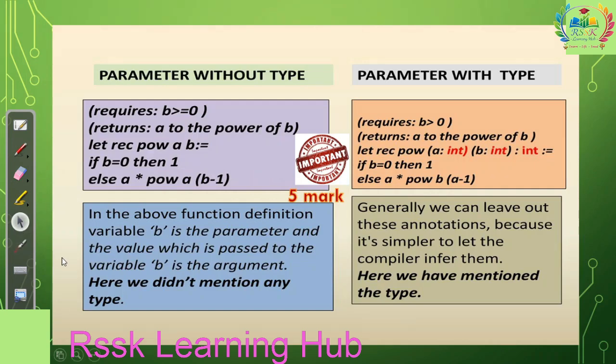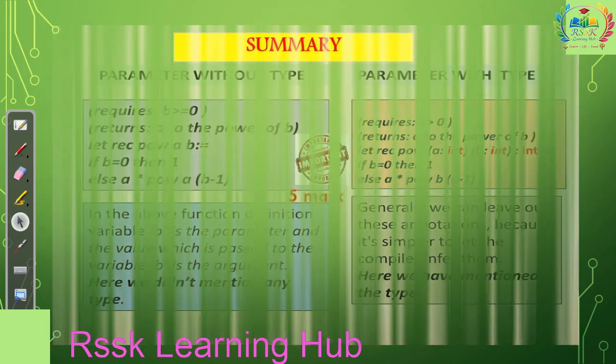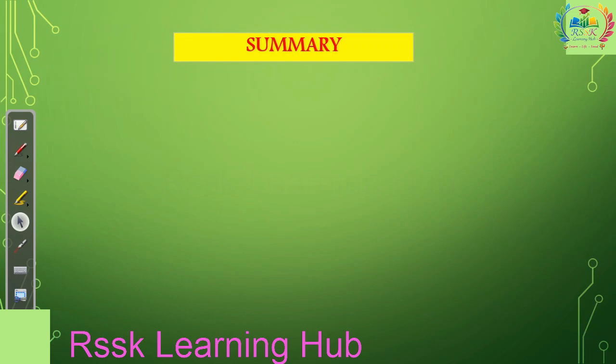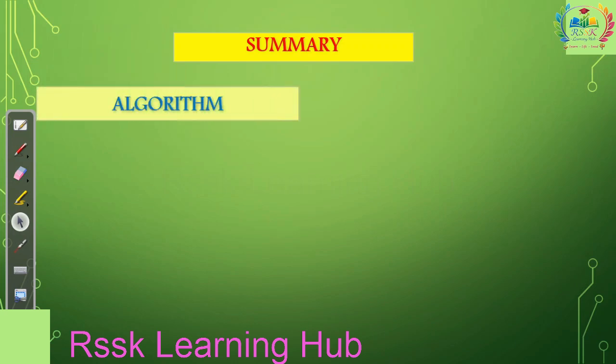Now we will move on to the next part of this, summary. So up to this, we will wind up your class. What are the things we saw today? We will make a short summary of it. What is the first thing we saw? We saw about algorithm.